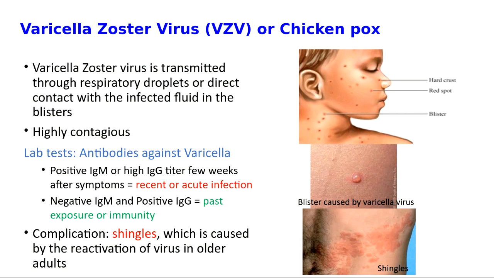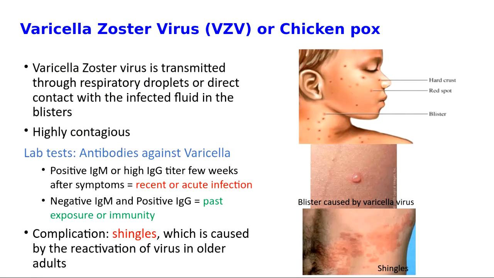So how do we know that a patient has chickenpox? Well, if they have IgM antibodies against varicella, so anti-varicella IgM antibodies, that means that the patient has the infection right now, has a recent exposure to the organism.